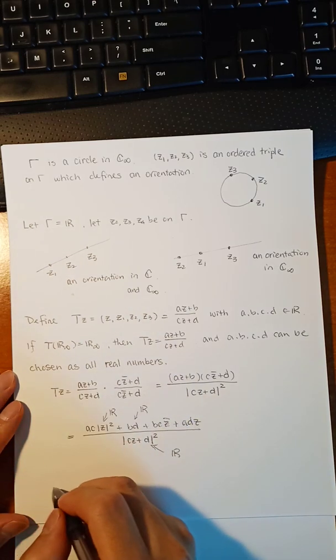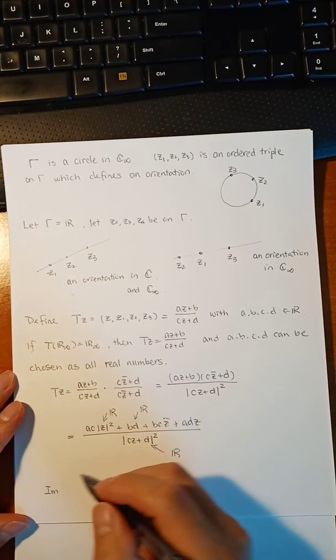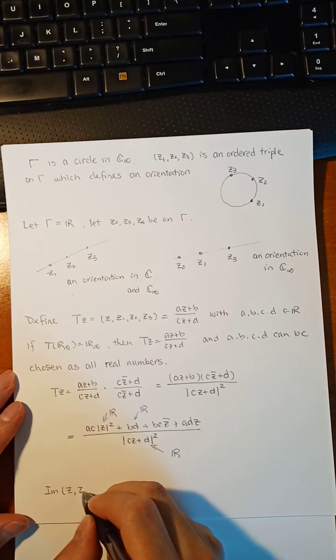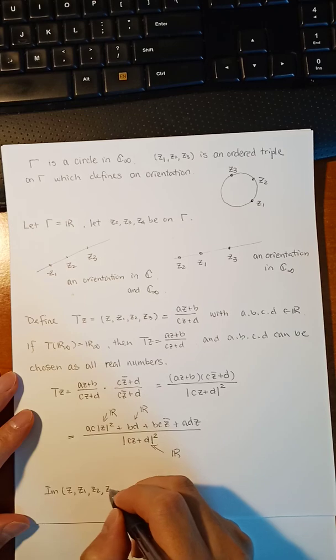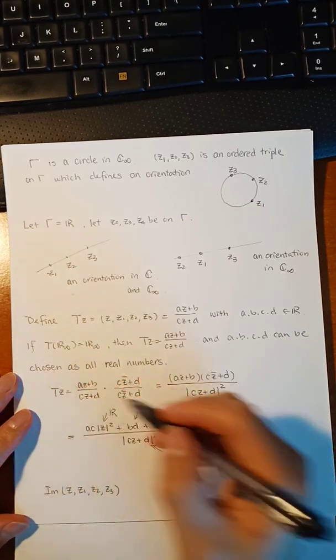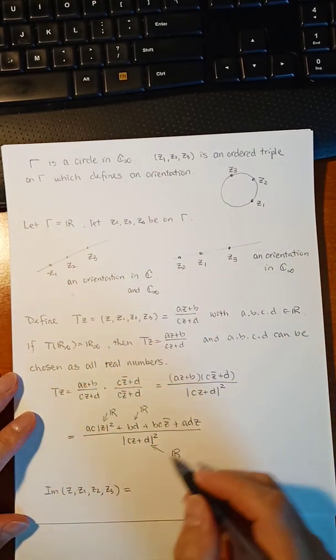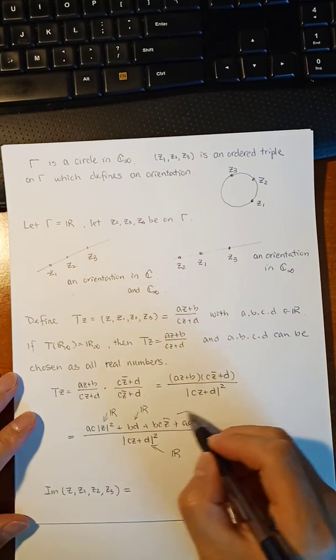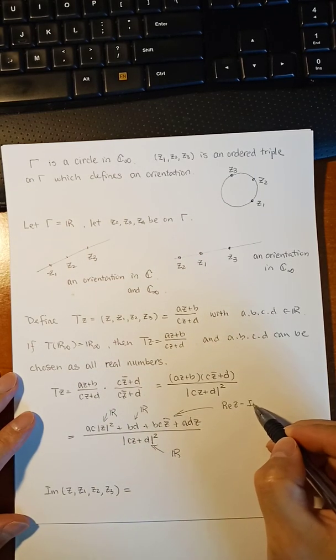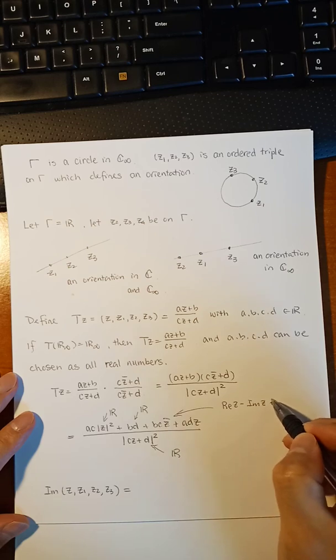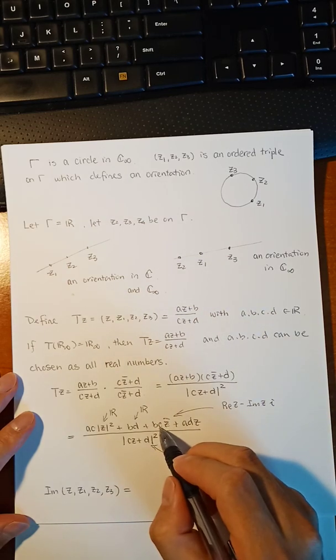So the imaginary part of T(Z) is equal to, you see here, the real part of Z minus the imaginary part of Z times i, and then times BC.